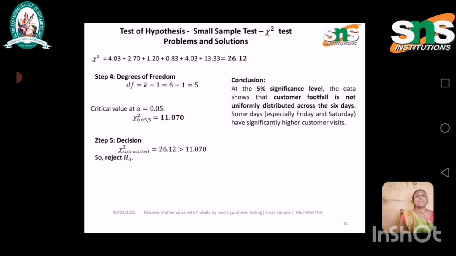Our calculated value is greater than the table value, therefore we reject our null hypothesis at the 5% level. The customer footfall is not uniformly distributed. Now we conclude that customer footfall is not uniformly distributed across the 6 days. This is our solution. Thank you.